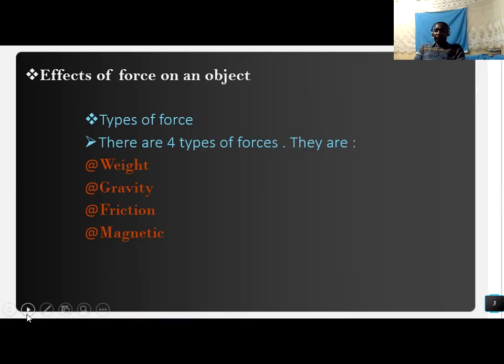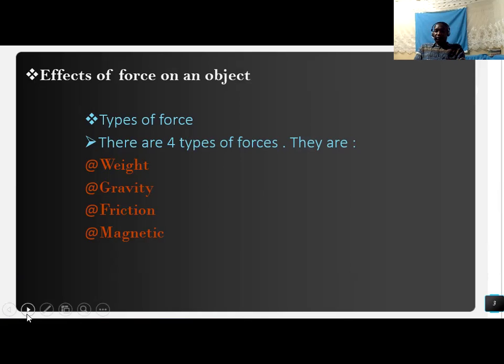Weight is the amount of force of gravity acting on an object. Pupils, weight changes from one place to another depending on the force of gravity. Different bodies have different forces of gravity.